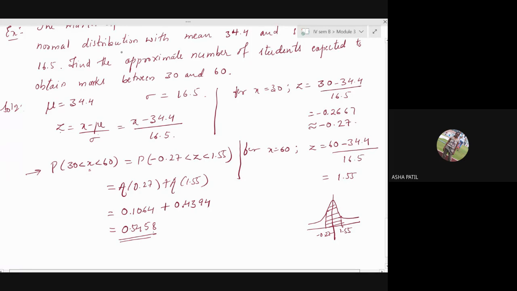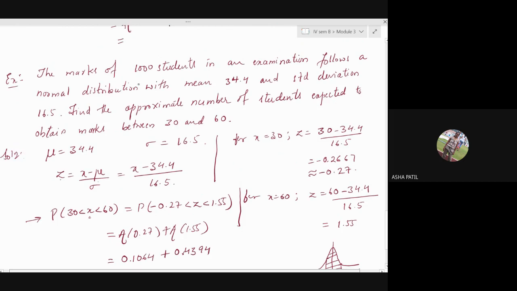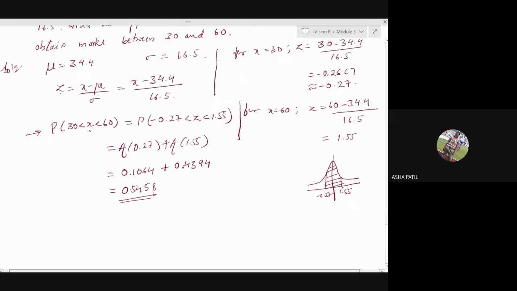Now, out of 1,000 students, you want how many students will score the marks between 30 and 60? So, the number of students expected to obtain marks between 30 and 60 is equal to 1000 into 0.5458.